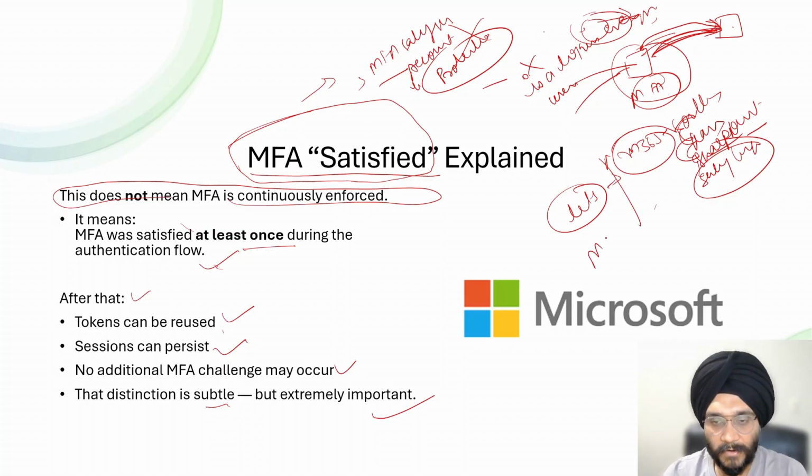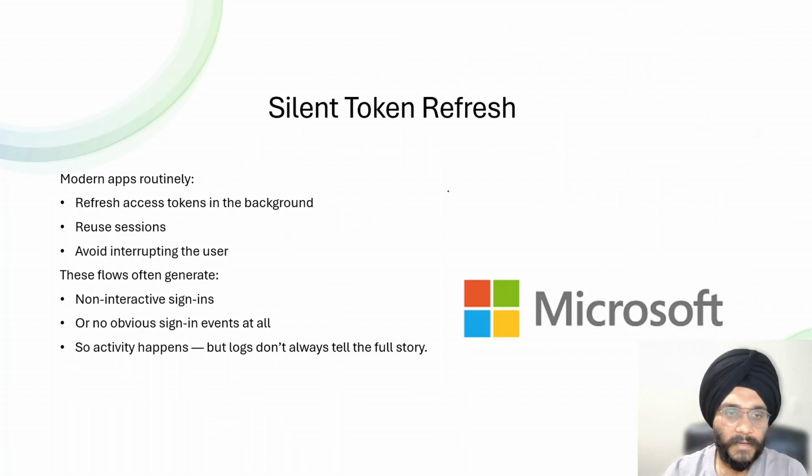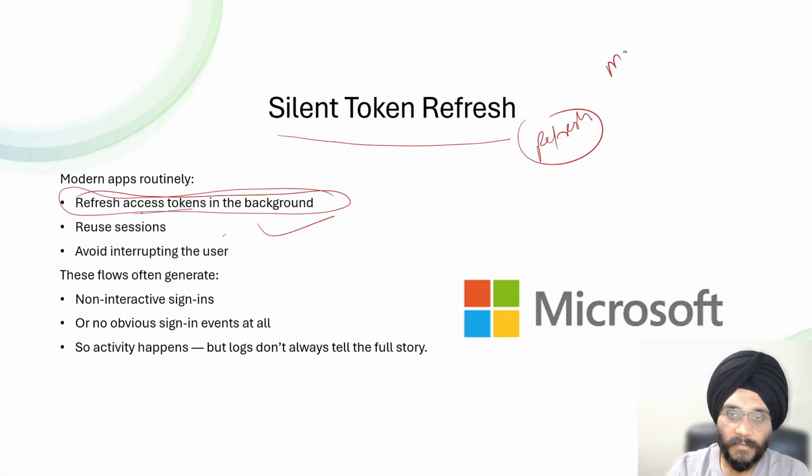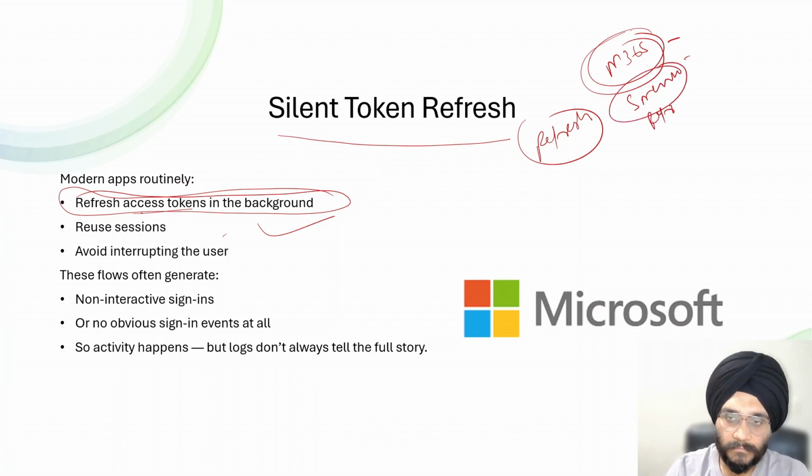So MFA will not be triggered every time, and you will not be able to see these triggers in sign-in logs as well. Silent token refresh. This is what you must also understand: the refresh of access tokens happens in the background. Let's say you logged into the M365 portal, and after 5 minutes, you refresh the page.